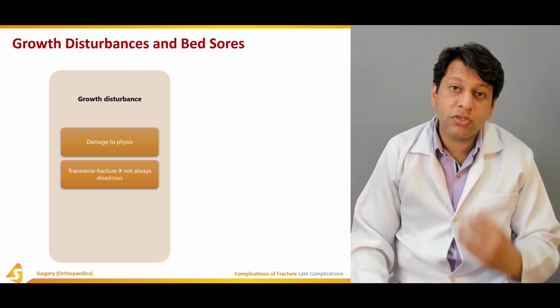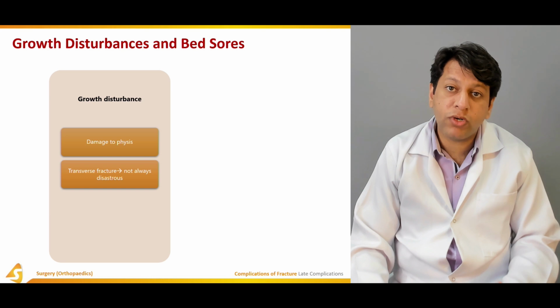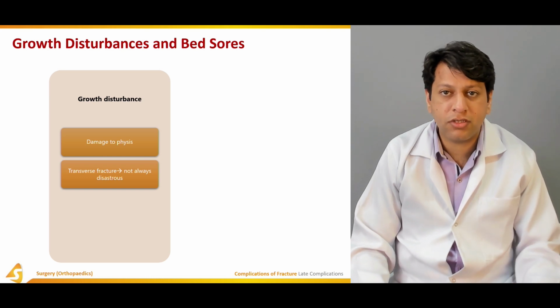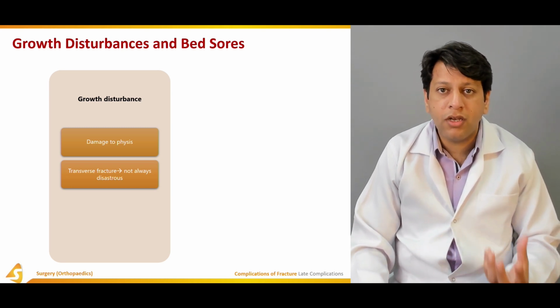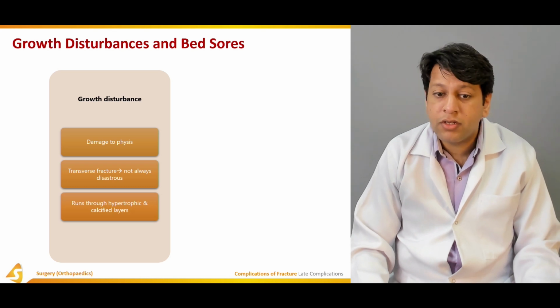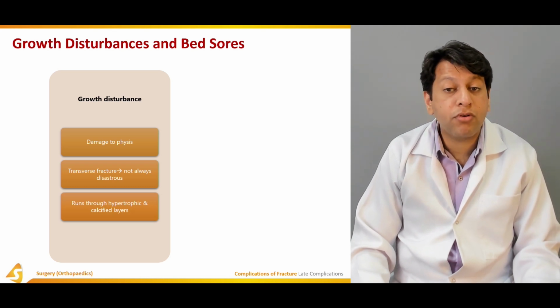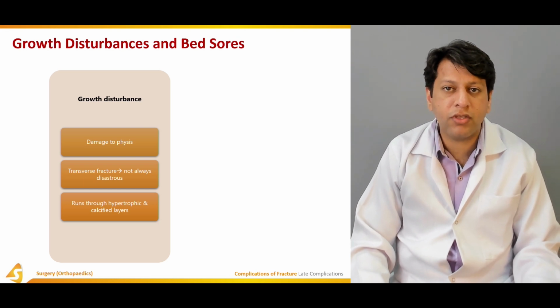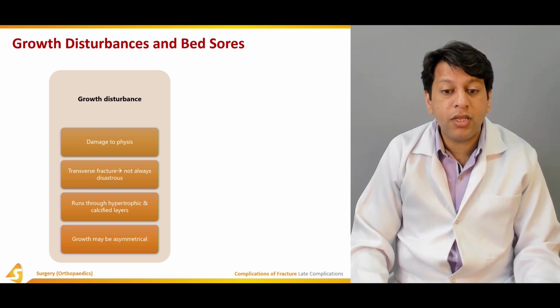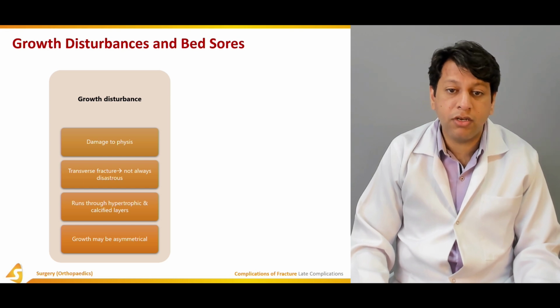This is not initially visible, but once the angulation develops, they can be disastrous because one part of the physis has been crushed, the other physis is actually growing, leading to the angulation. This actually usually runs through the hypertrophic zone of the growth plate, and growth may be asymmetrical, leading to angulation.